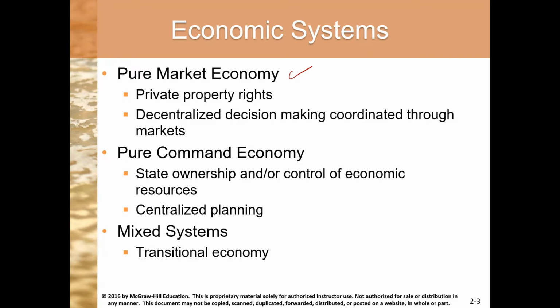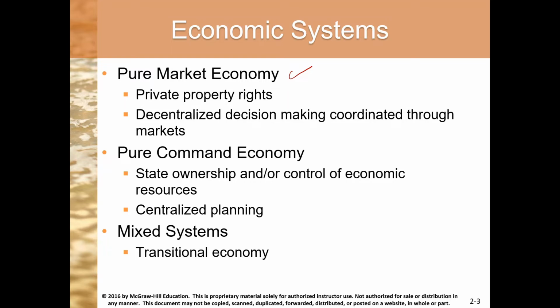If there's no private property rights, that means that when you buy a car from a private dealer and take it home, you don't have a guarantee that you can keep that car. Anybody can come and take it away from you and you have no recourse. So private property rights, the guarantee that what you buy is yours, is the first condition. If you don't have that guarantee, then there will be no market. There will be a very limited economy.